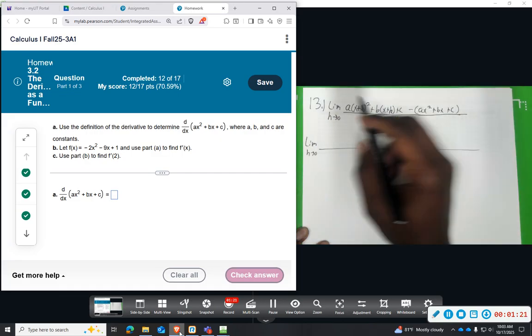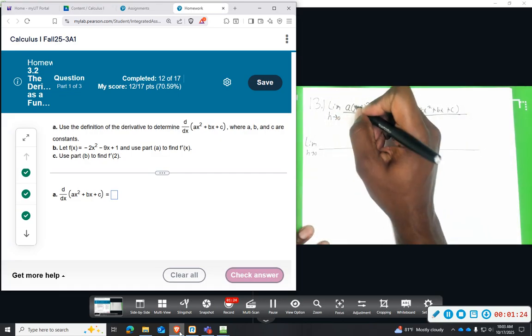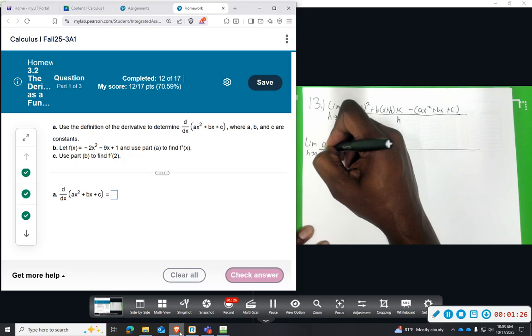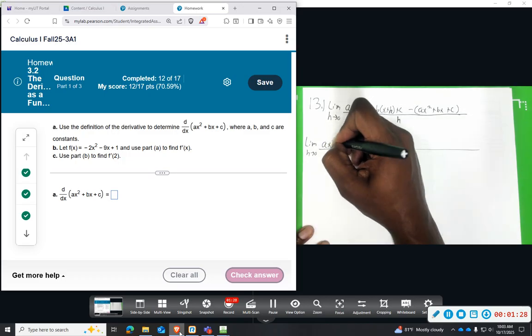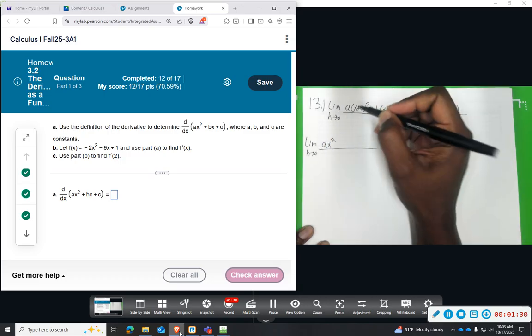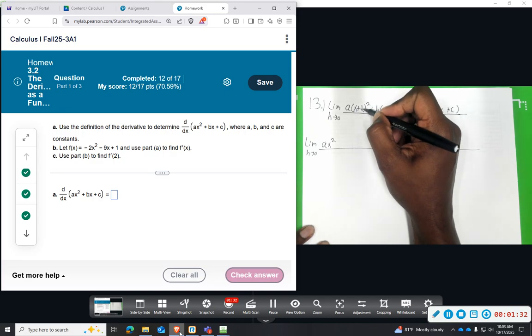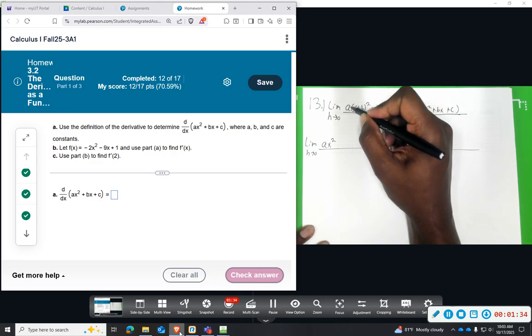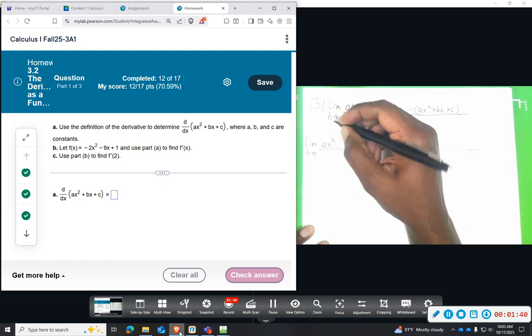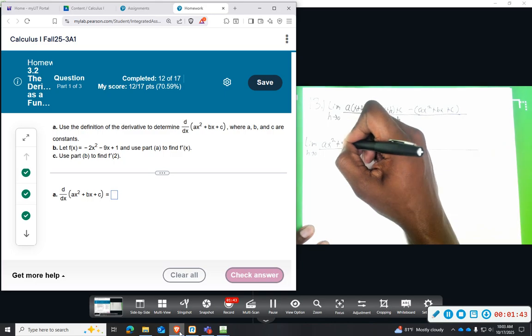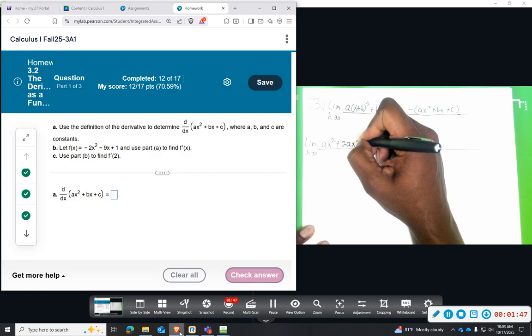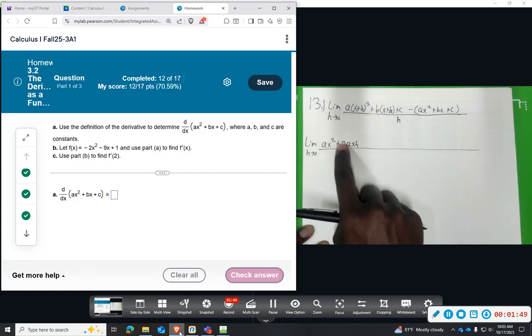Alright, so doing some algebra, foiling and distributing, we would end up with ax squared, and then we would multiply 2xh, so plus 2axh. And again, the a is a number, a constant, so this is the number part.